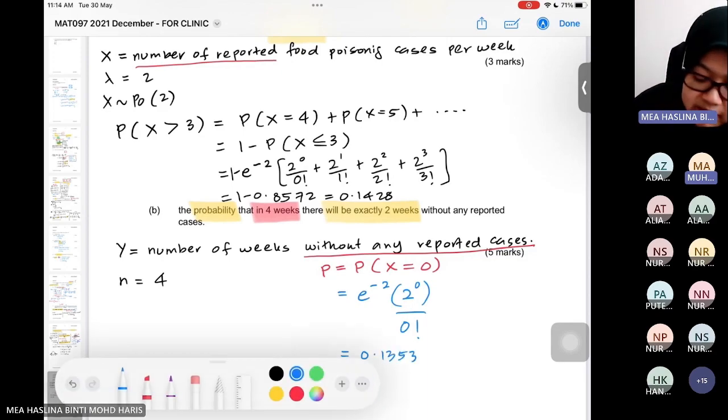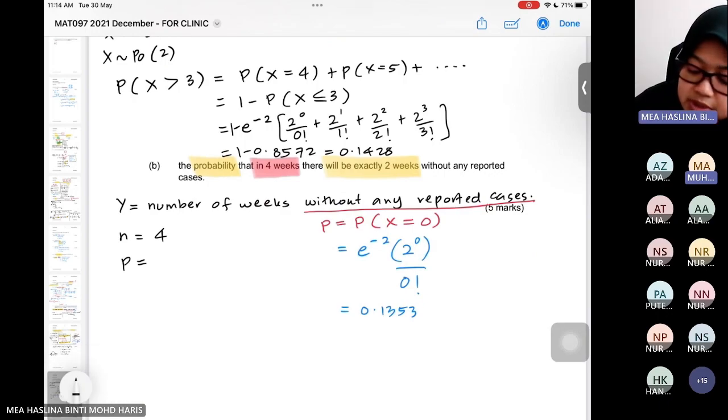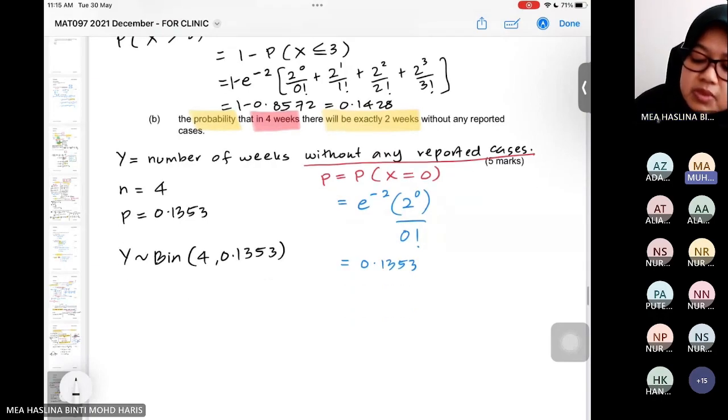That means our binomial distribution has parameters N and P, 0.1353. So Y is a binomial distribution with parameters 4 and 0.1353. So number of weeks without any reported cases from 4 weeks, exactly 2. So you want probability of Y equals 2.